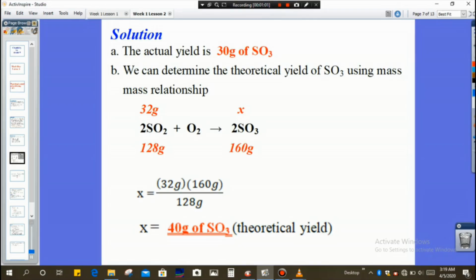And the theoretical yield of sulfur trioxide can be obtained by stoichiometry calculations. Then we apply the mass-mass relationship to determine the amount of sulfur trioxide formed in the reaction.